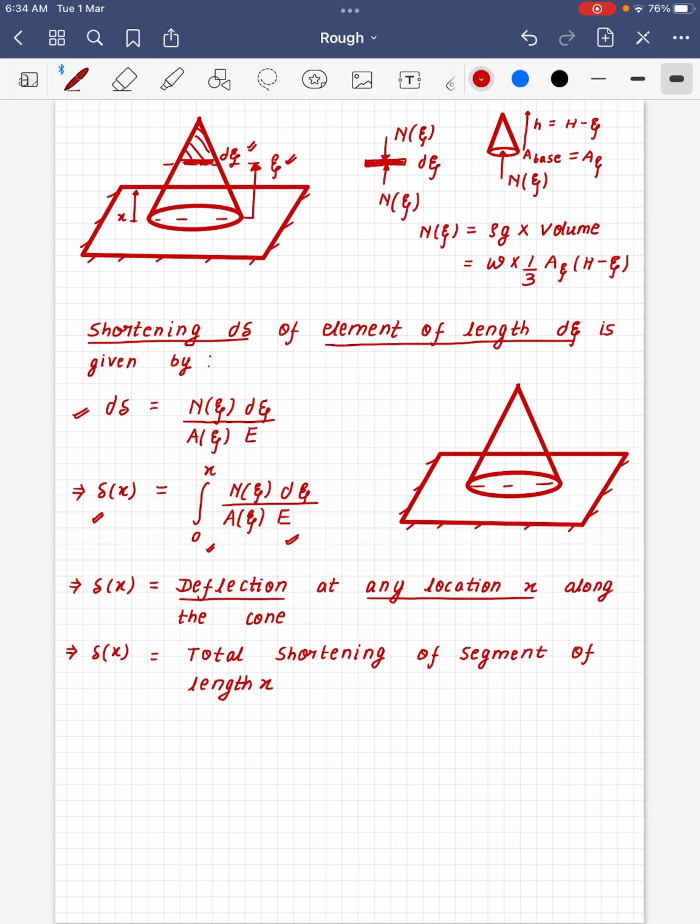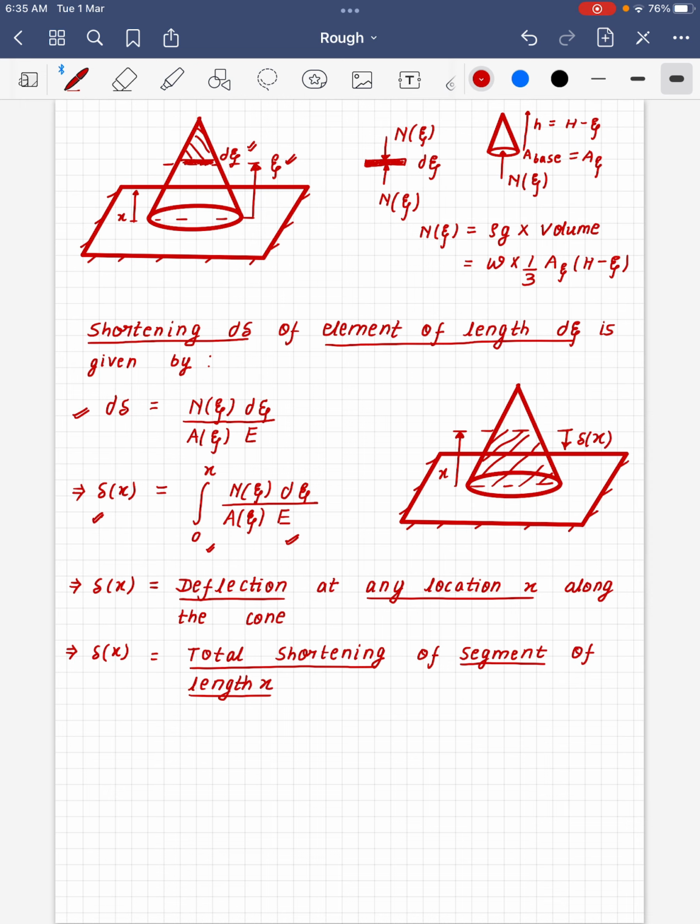This deflection at any location x can also be said in another way, that is the total shortening of a segment of length x. Physically, if we take an element of length x, the amount by which this segment will be shortened is the deflection at that x.